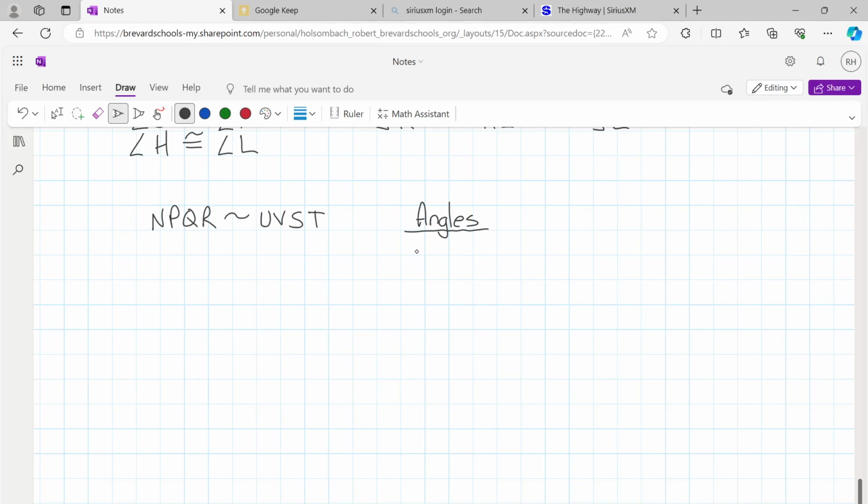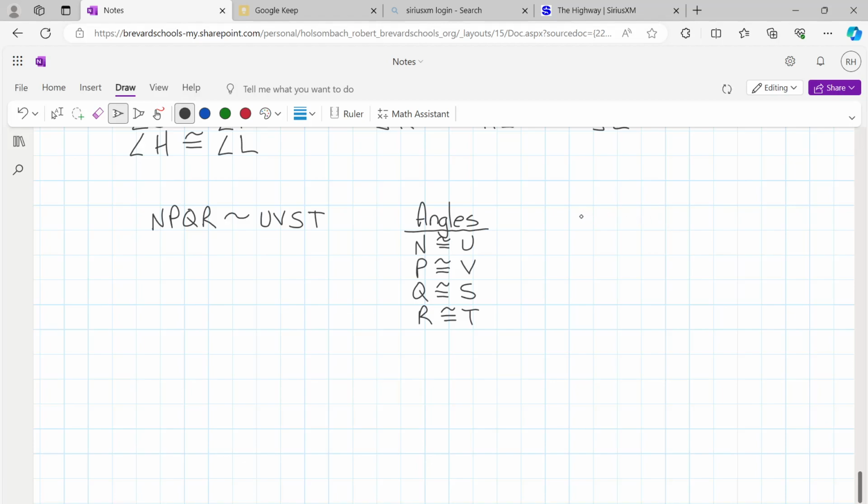I'm just going to say that, remember, the angles are congruent. So N is congruent to U. P is congruent to V. Q is congruent to S. And R is congruent to T. Those are our congruent angles.